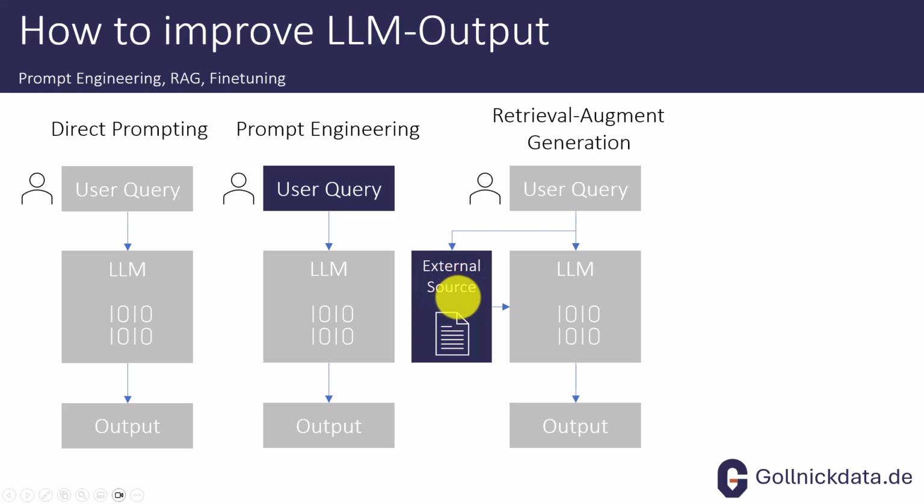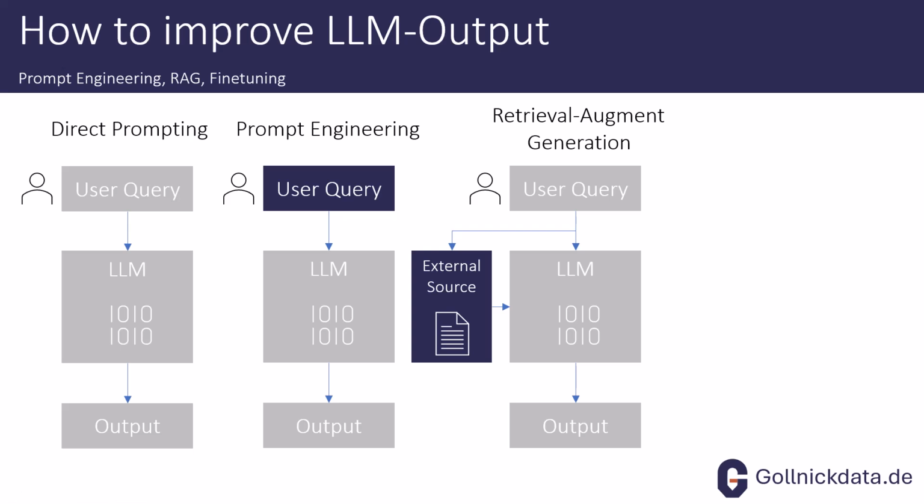From the external source, which could be a vector database or an internet search, you get back certain results which are very relevant for answering the question. Then the model is provided with this output as well. And with this contextual information, the model is now capable of answering the question and providing a good output. So this is the core idea of retrieval augmented generation.